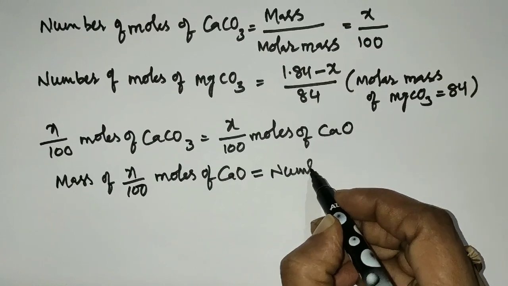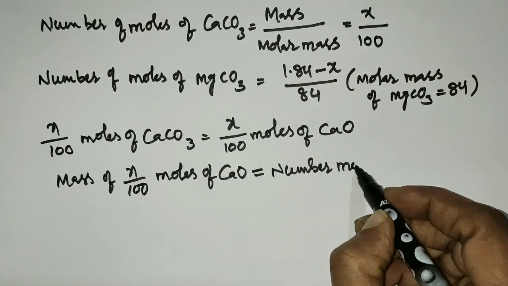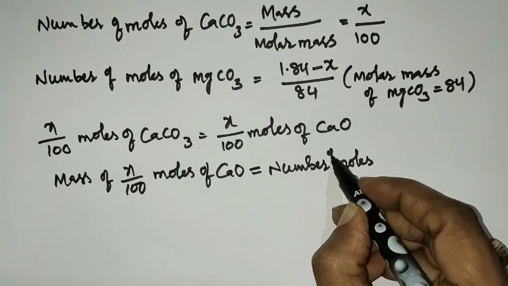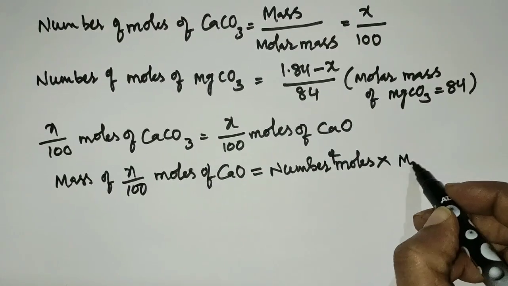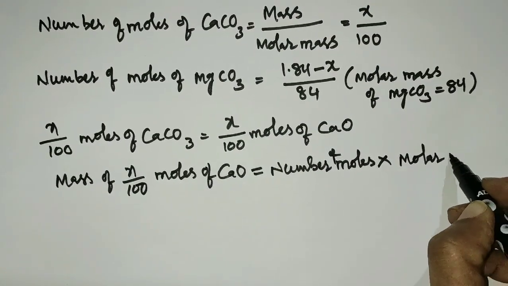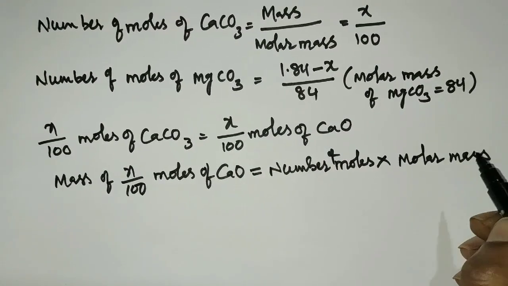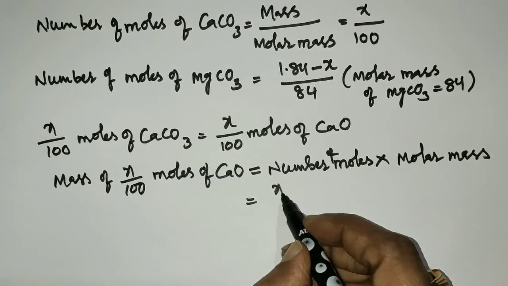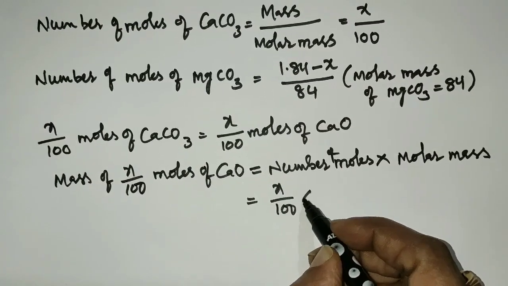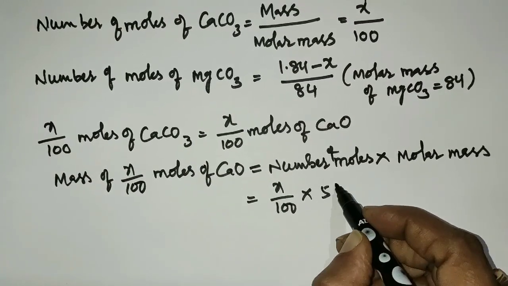Number of moles multiplied with molar mass will give you mass of the substance. Number of moles is x by 100 and molar mass of CaO is 56.